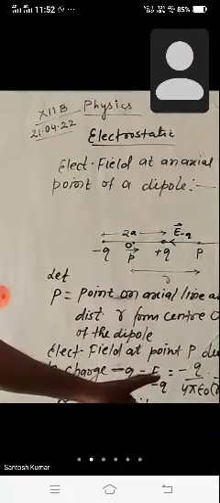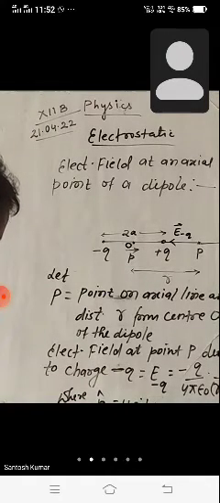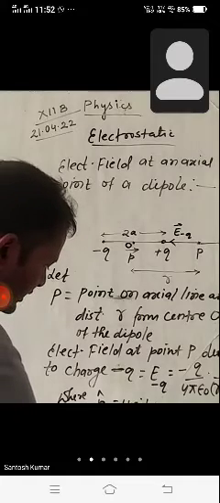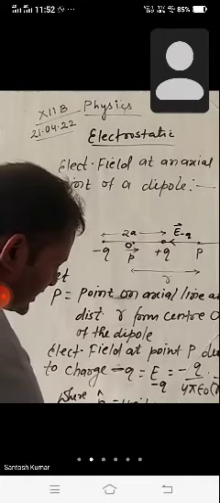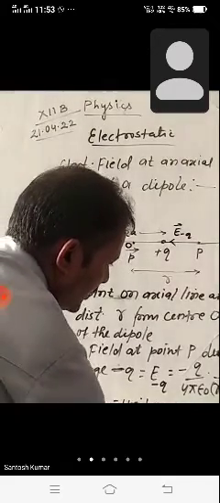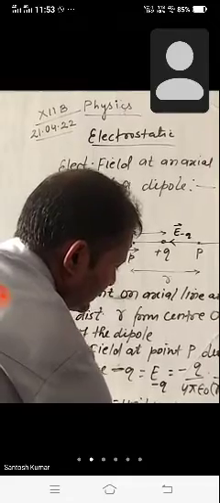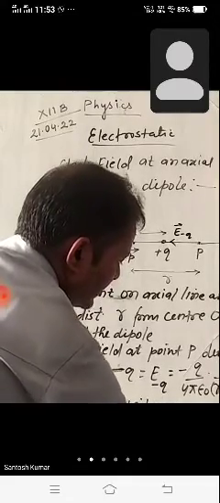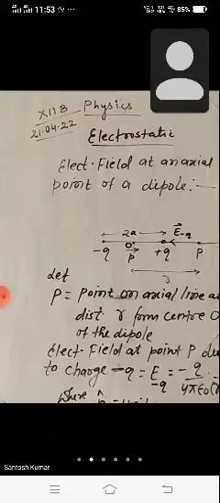Similarly, you can write E plus Q: simply Q by 4 pi epsilon naught, 1 by (r plus a) square, p unit vector. Just see, there is only a difference in the nature of charge.